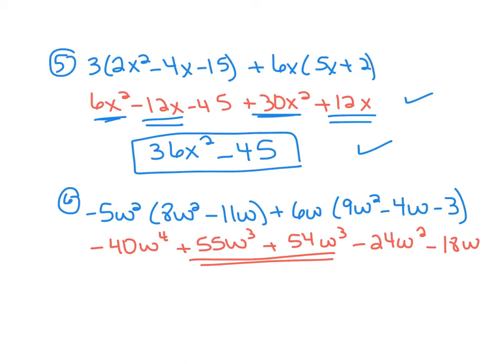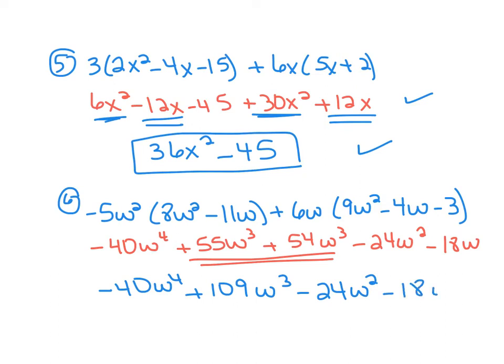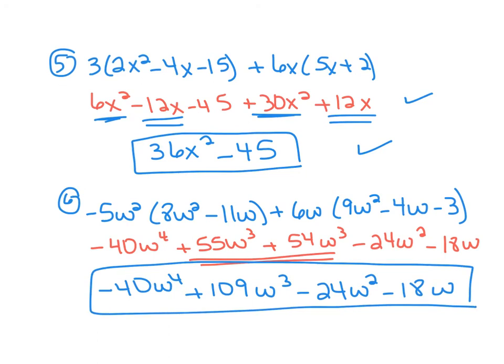So your final answer, start with the 4th: negative 40w to the 4th plus 109w cubed minus 24w squared minus 18w. Final answer in order. So basically you're distributing and combining like terms, taking those last few lessons together.